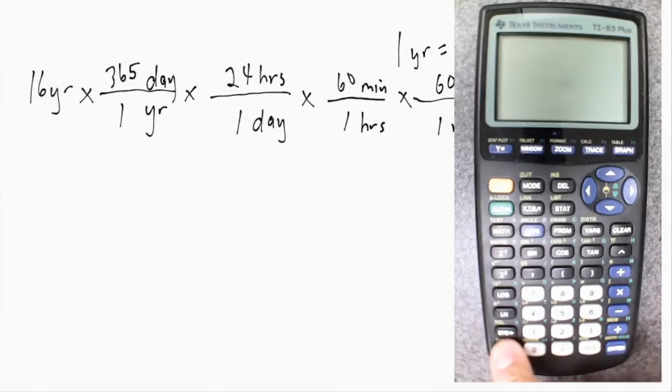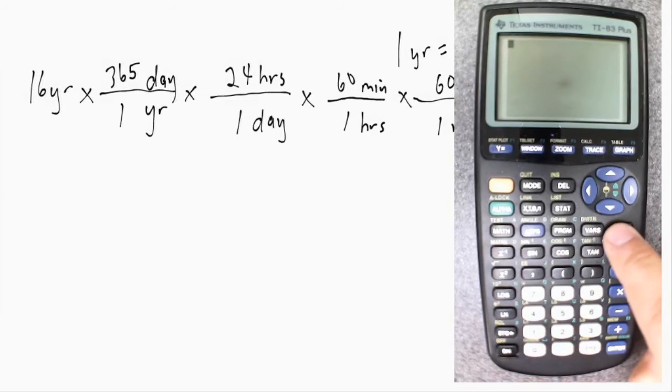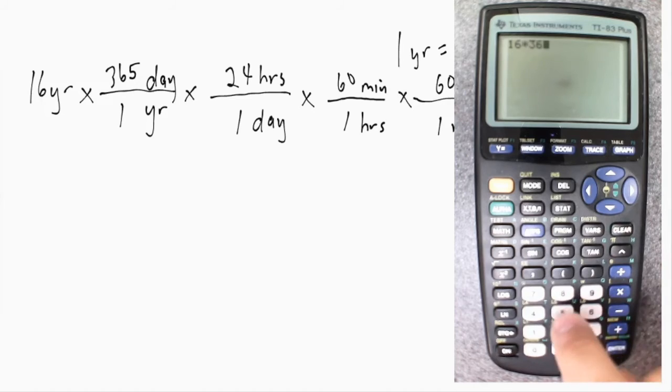You go to your calculator and you make sure that you punch the numbers in right. 16 times 365. I like to hit enter between each term so I don't get confused. I'm not dividing by 1 because I know that's a wasted step. It's the same thing.